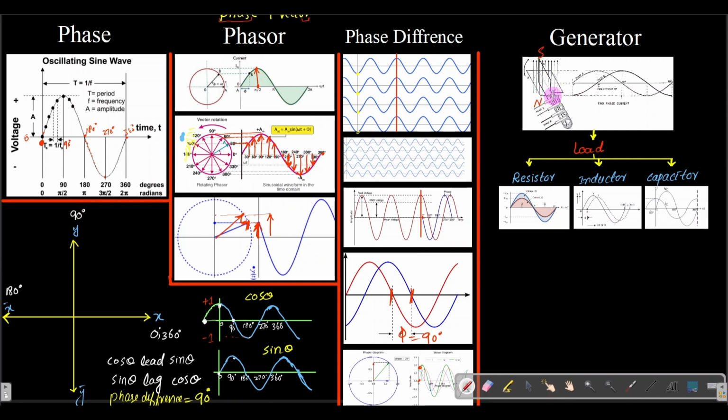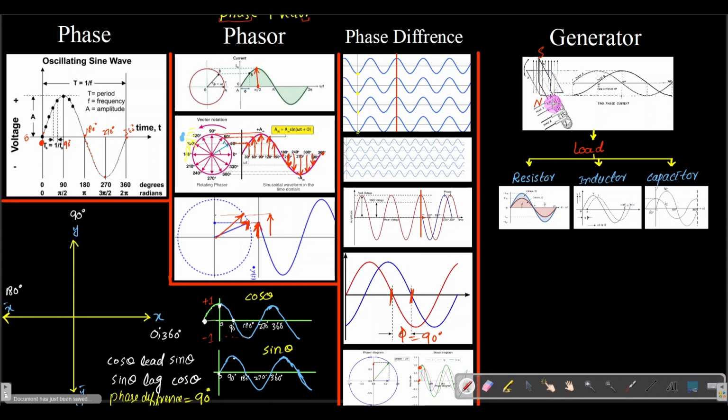So when the magnetic flux is maximum in this vertical coil, the EMF will be maximum. At the same time, the flux in this horizontal coil will be 0, so its EMF will be 0.